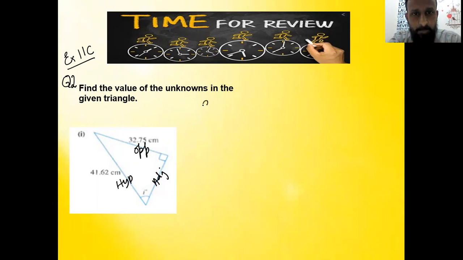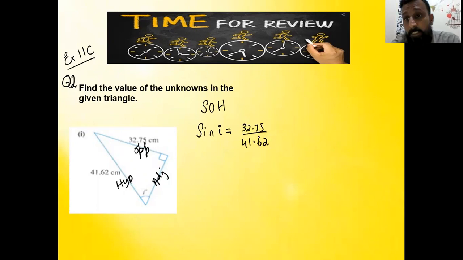So we can apply sine of this angle I is equals to opposite, that is 32.75, divided by 41.62. Now, what is unknown, boys and girls? Unknown is angle I.